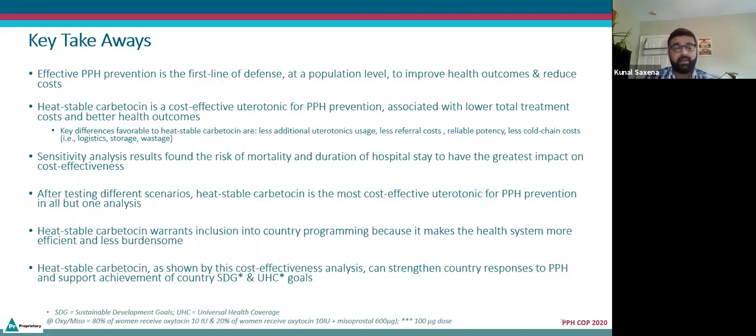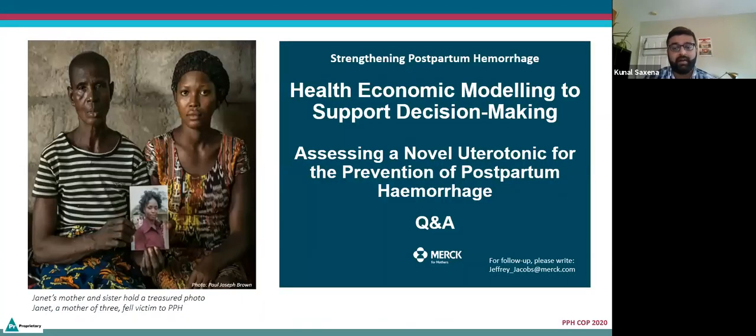Heat stable carbetocin thus warrants inclusion into country programming because it makes the health system more efficient and less burdensome. And lastly, as shown by this cost effectiveness analysis, it can strengthen countries' response to PPH and support achievement of countries' SDG and UHC goals. We are happy to take any questions. Thank you for listening.